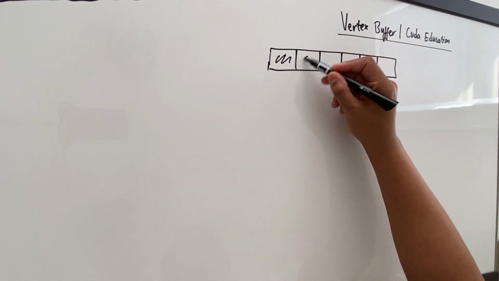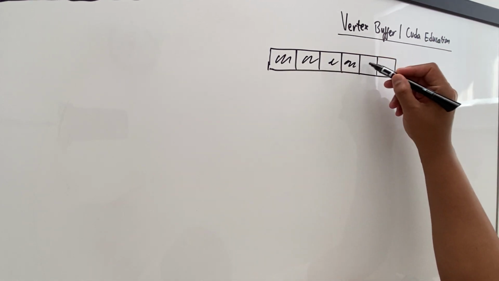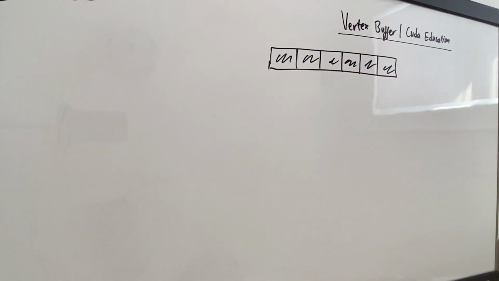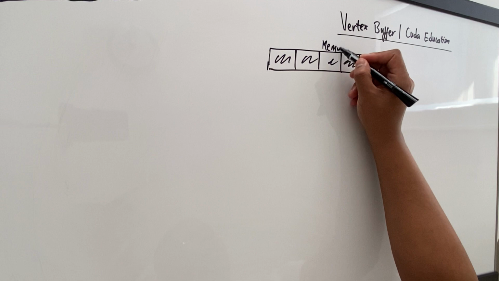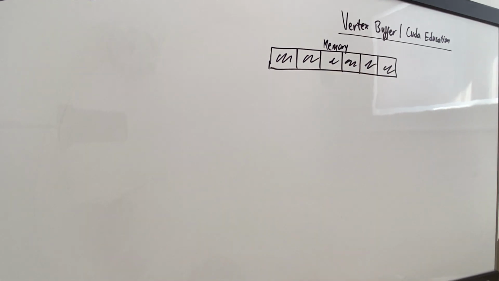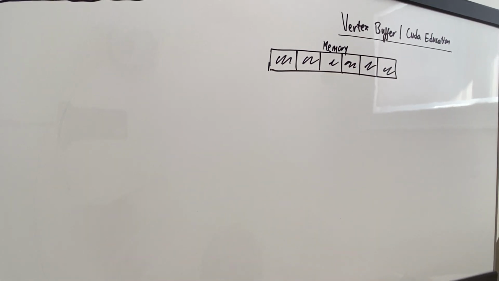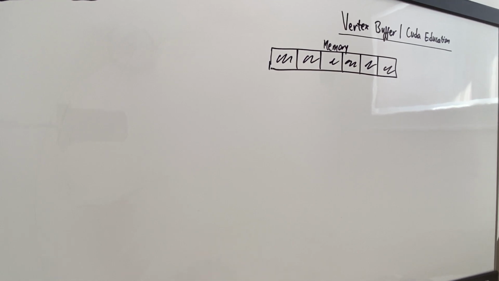So it's just going to store information in your memory that the Vulkan API is going to use to render whatever it is you're trying to present.